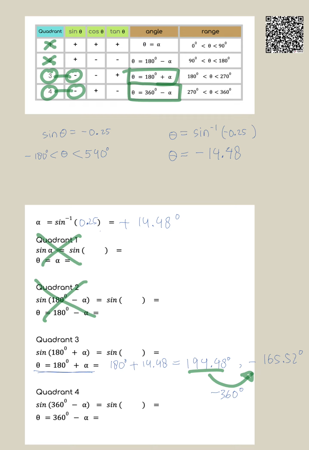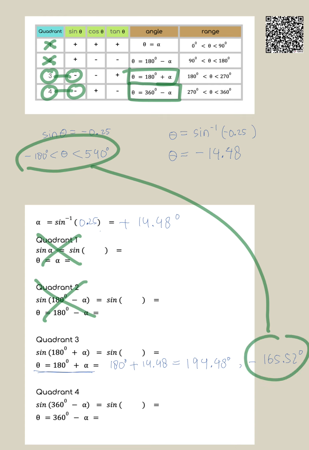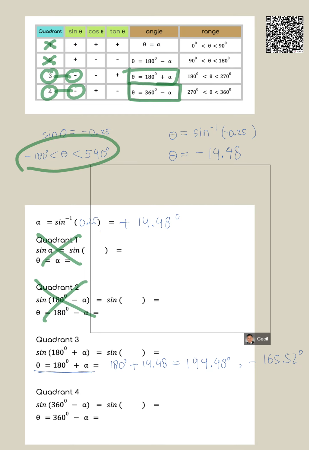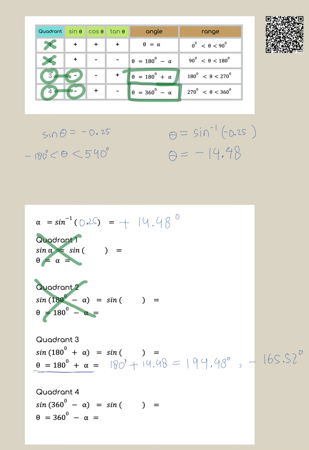Is this one of the answers? Yes, it is. How do you know? Because it's within the range here. Negative 165.52 is still within the range of negative 180 to 540. Okay, that is for quadrant 3.